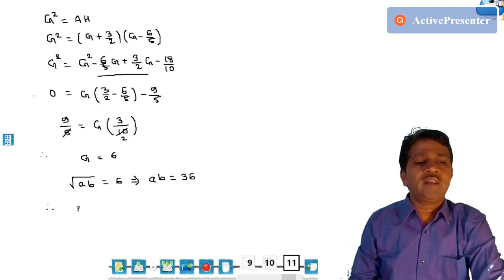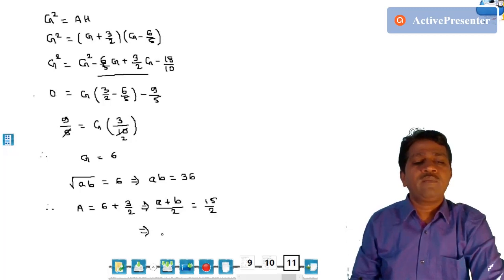So I may write A = 6 + 3/2. But the formula for the arithmetic mean is known to us: it is (a + b)/2. On the right side, 6 × 2 is 12 plus 3, it is 15/2. So 2 gets cancelled and we have a + b = 15.